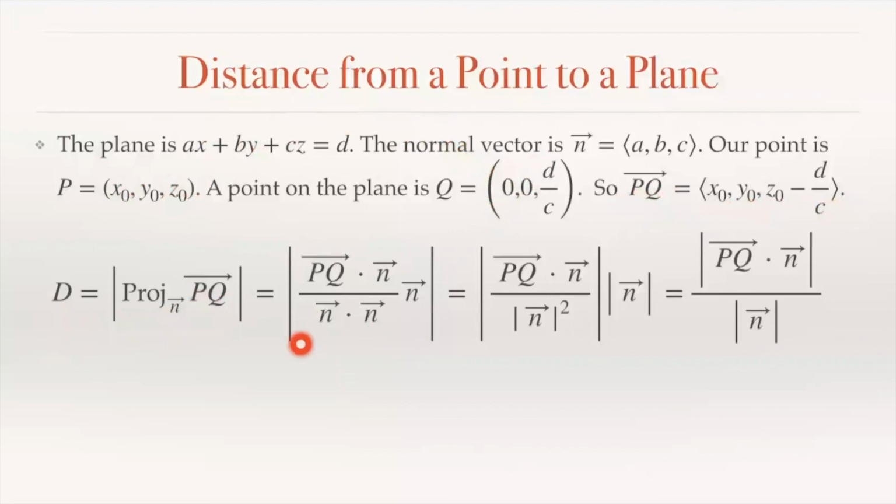For this, review chapter 13.3 if this is unfamiliar, but this is plugging into the formula that we derived in 13.3 for the orthogonal projection. So we have PQ dot n over n dot n times the vector n. This whole guy right here is just a scalar.